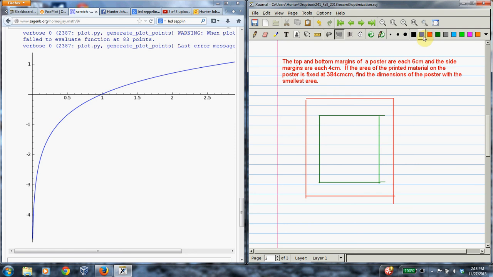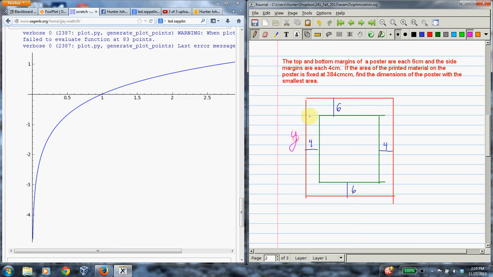All right, and so we're supposed to have 6-inch margins on top. So this is supposed to be 6, and we're supposed to have 6-inch margins on the bottom too. So this is supposed to be 6, and we've got 4-inch margins on the side. So 4 and 4. Now let's label some things, like the sides of the poster.